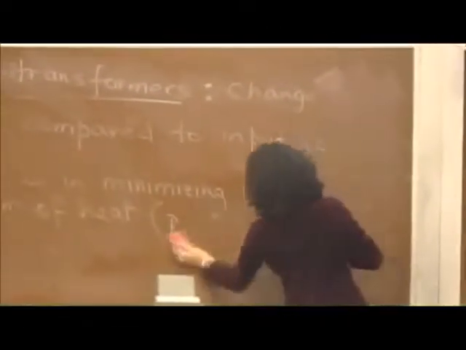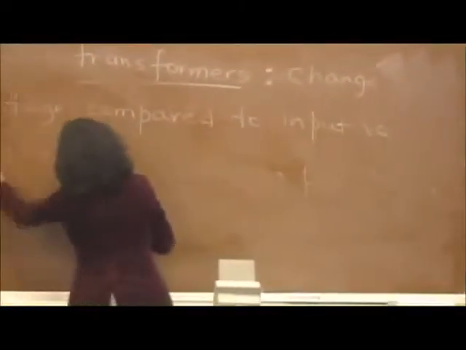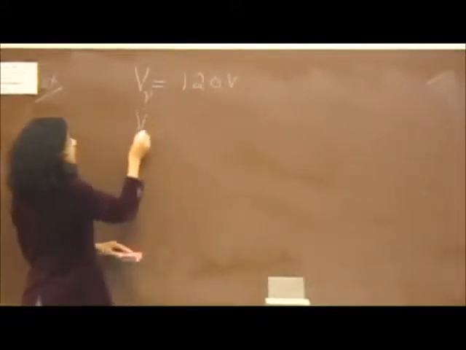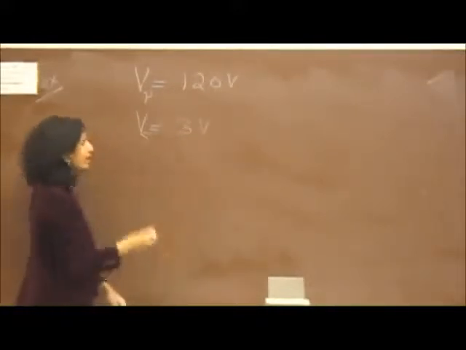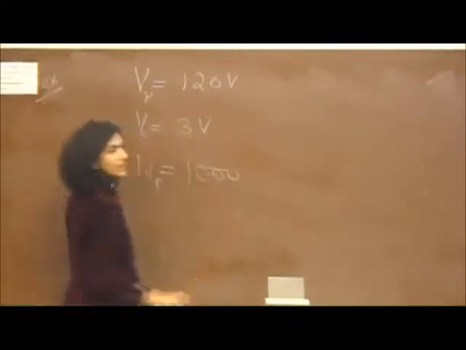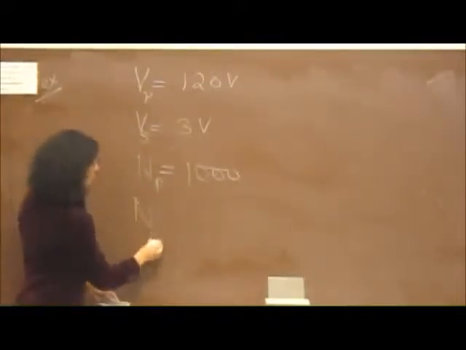As you can see in this case, let's try it. Suppose the primary voltage was 120 volts and the secondary we wanted to be 3 volts, and suppose we knew that the number of turns of the primary is 1000 turns and we have to figure out N_s.